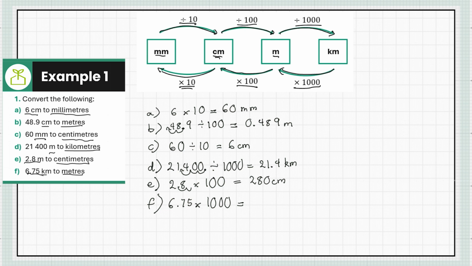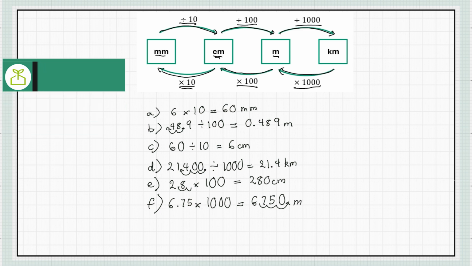Okay, now if we're multiplying by 1,000, we need to move the decimal place 3 spaces to the right. So if we do 675 and then add a 0, we've gone once, twice, 3 times over here. So that would be 6,750 meters.